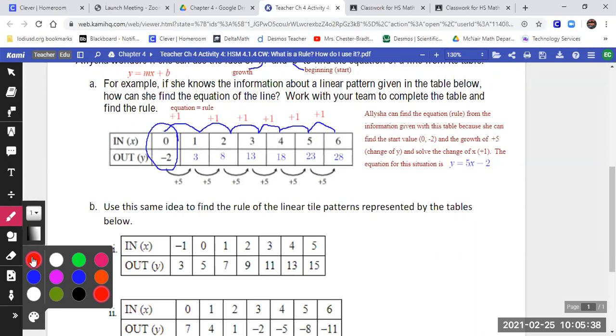Oh, we have to find the growth. So what is it that we do so we can find the growth when we have a table? How would I visually show I'm finding the growth in the table?